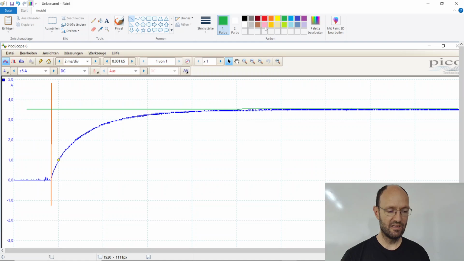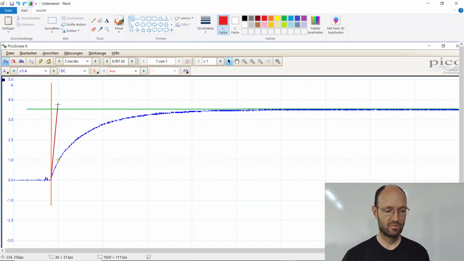So if I draw a line that is a tangent to my curve, now it would be too steep. Now it would be too shallow. Now it has, let's say, the perfect slope to get a good fit here at the beginning.